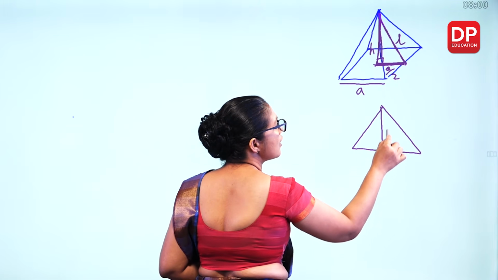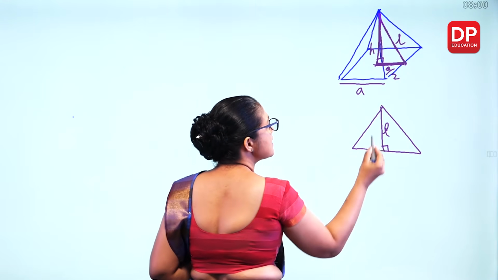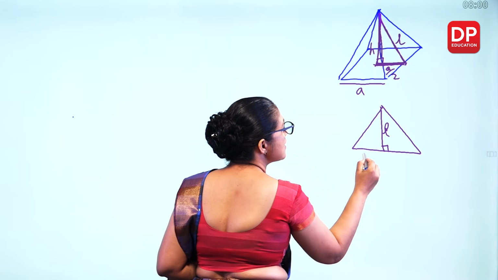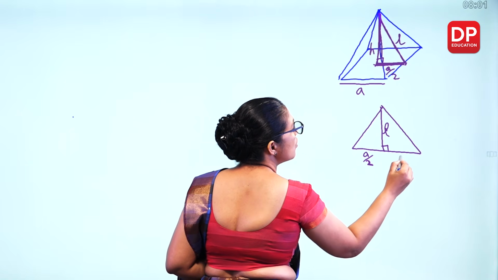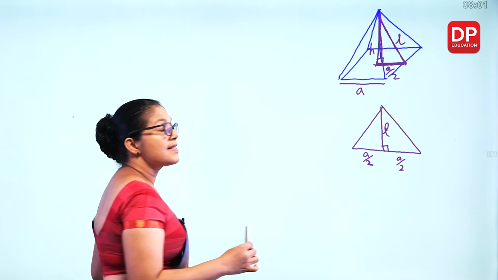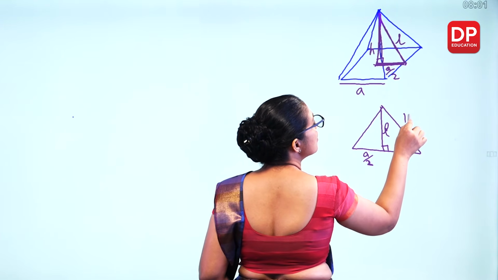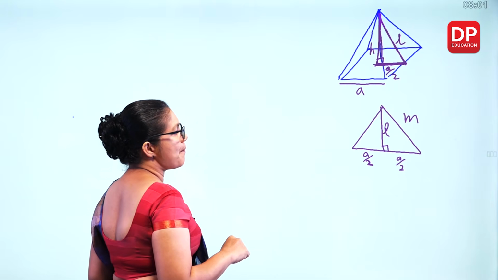This is the perpendicular height we took as L. And here also the side is A, so this is A over 2. What is this one? This is the slant length, or we call it the slant edge. So we can take it as M.